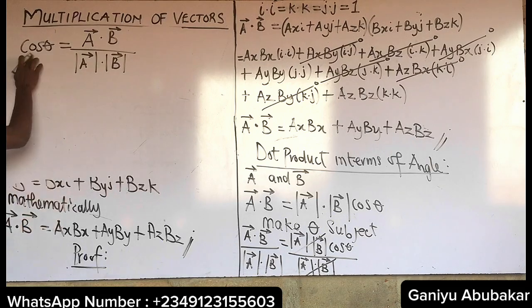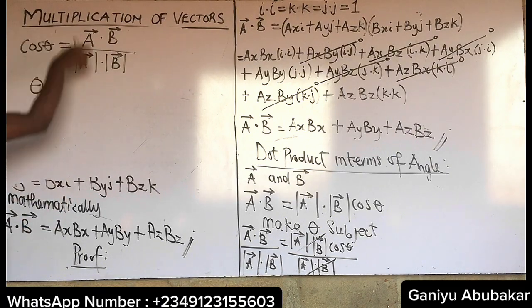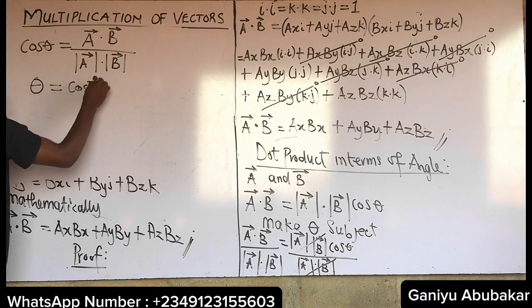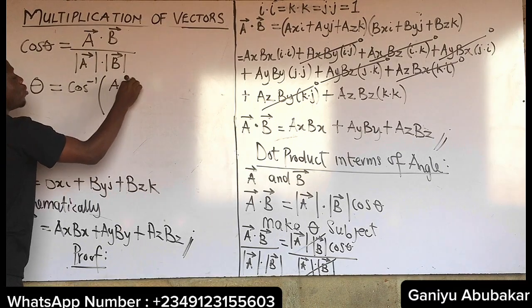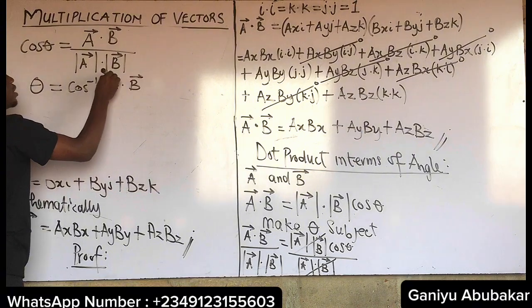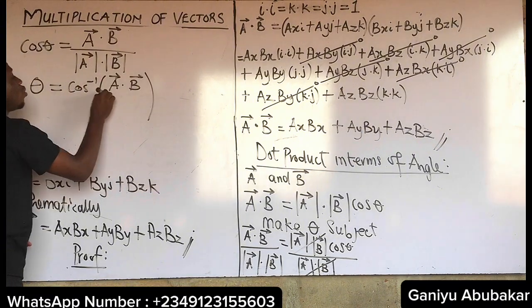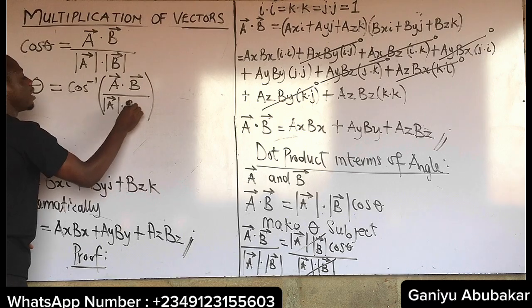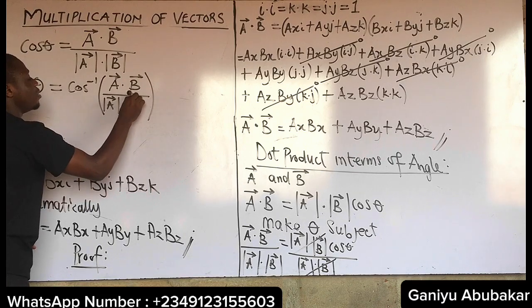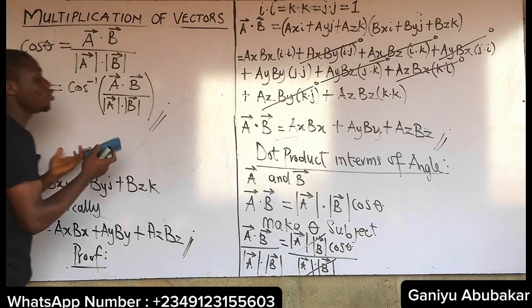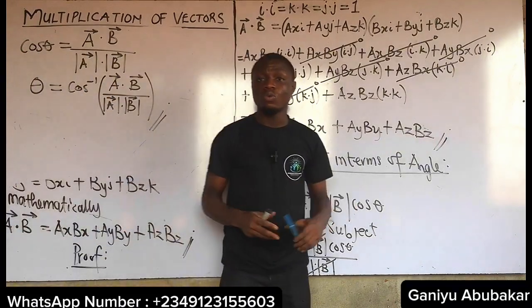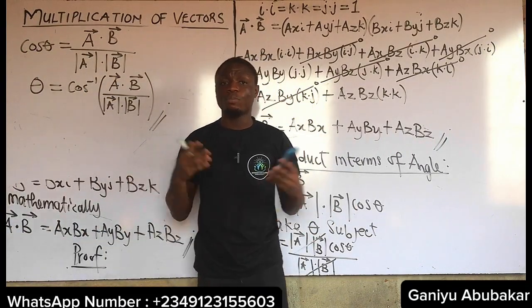So I want to make theta stand alone. So I have that theta is equal to cos inverse of A dot B, all over the magnitude of A times the magnitude of B. So this is the mathematical expression for calculating dot product in terms of angle. So let us now solve some problems.